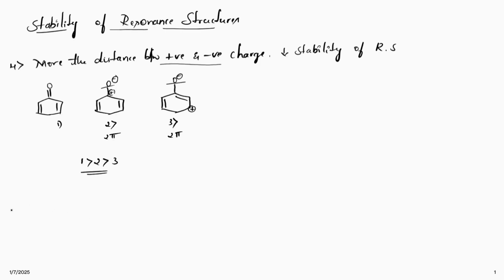Okay, we'll go to the next rule, that is the fifth rule. Like charges on adjacent positions are least stable.